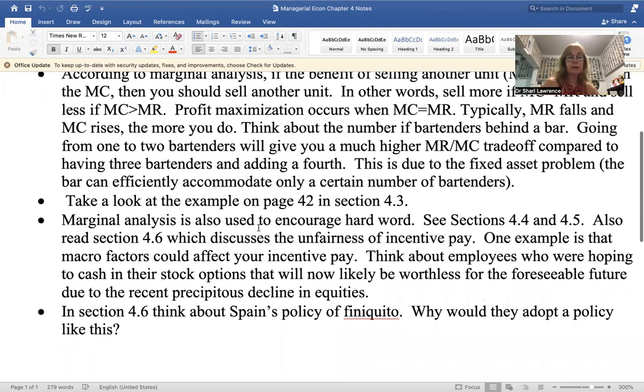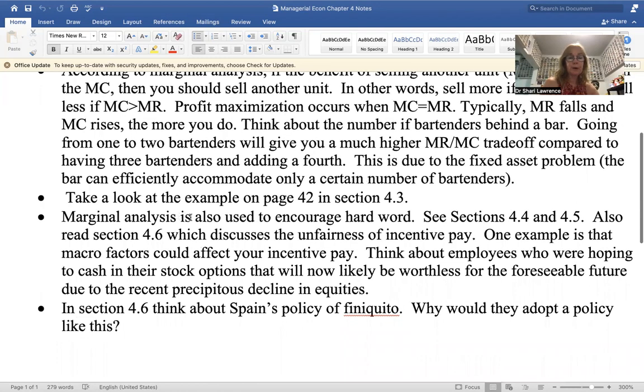Okay, and then in the last section, they talk about how marginal analysis is used to incentivize people. In other words, marginal analysis is also used to encourage hard work. So you can incentivize people by giving them bonuses for productivity and so forth to try to increase this marginal revenue. And so make sure you look at sections 4.4 and 4.5. Also in section 4.6, it discusses the unfairness of incentive pay.